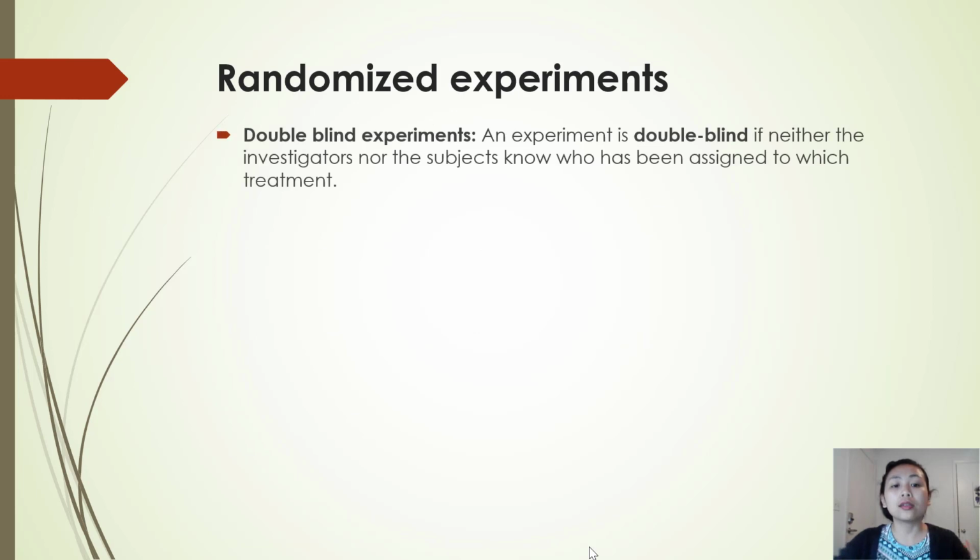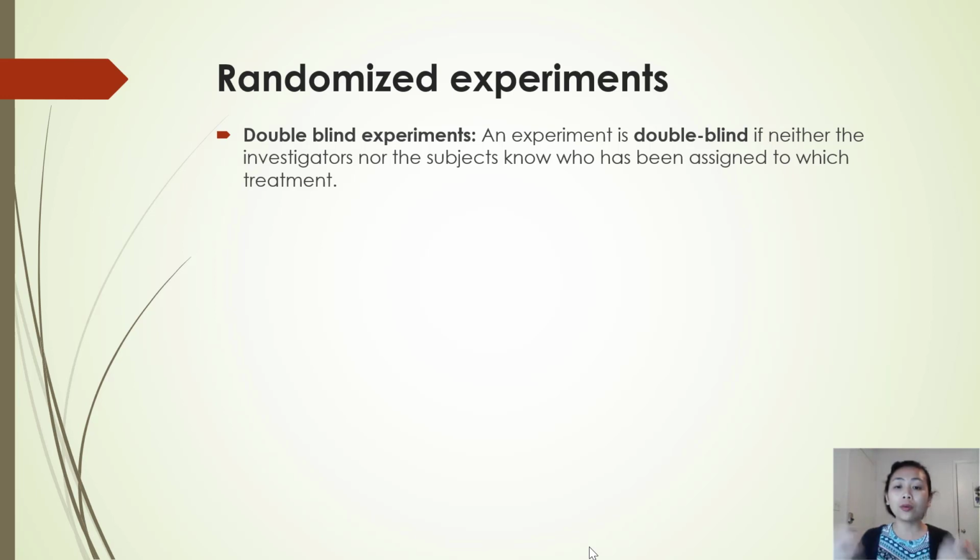The next thing is double blind experiments. Double blind means two-way blind. An experiment is double blind if neither the investigators nor the subjects know who has been assigned to which treatment. For example, if you are interested in comparing two types of vitamin, you have two groups of people and two vitamins, vitamin A and vitamin B. Even you, the investigator, are not allowed to know which treatment is given to which group.